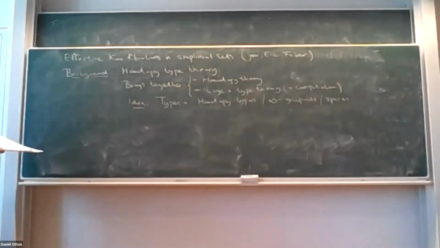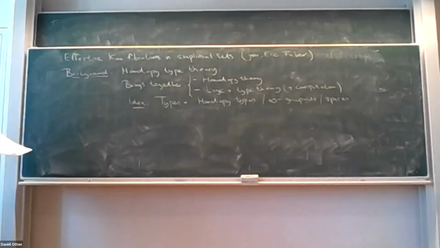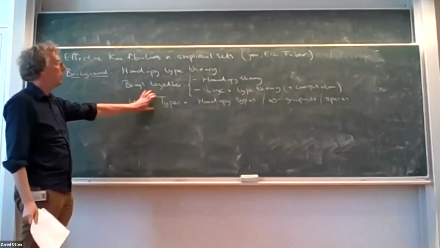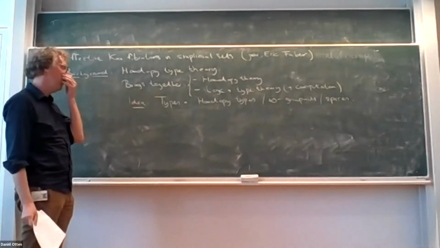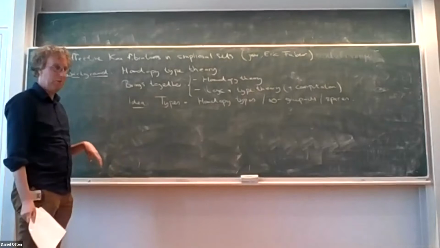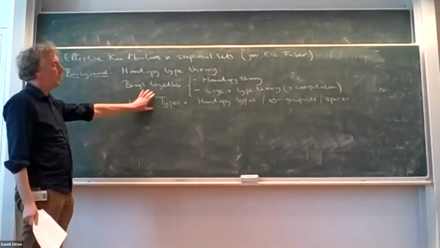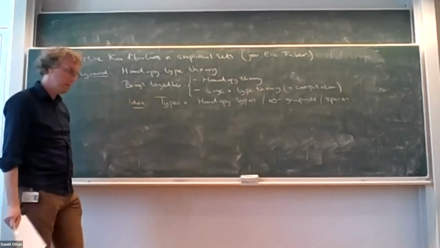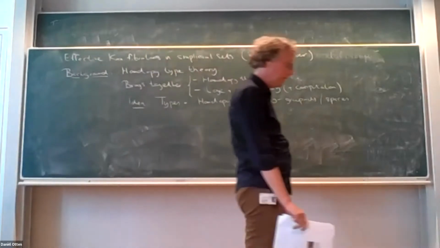So this is a kind of unexpected interpretation for how we think about this notion of a type in type theory, and it has led to a lot of work. And it has many benefits.